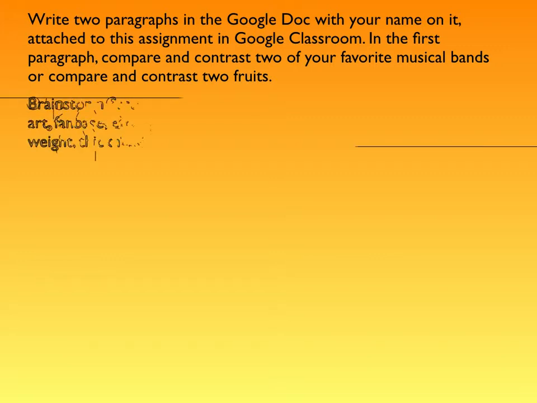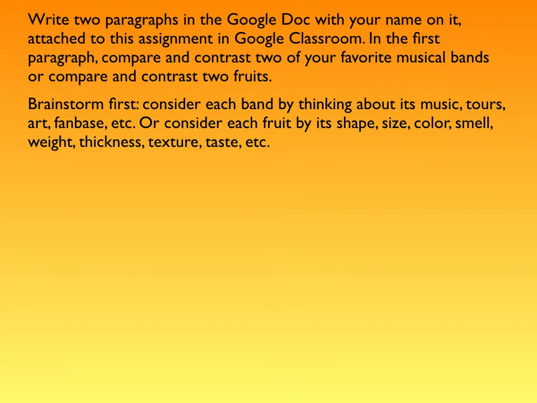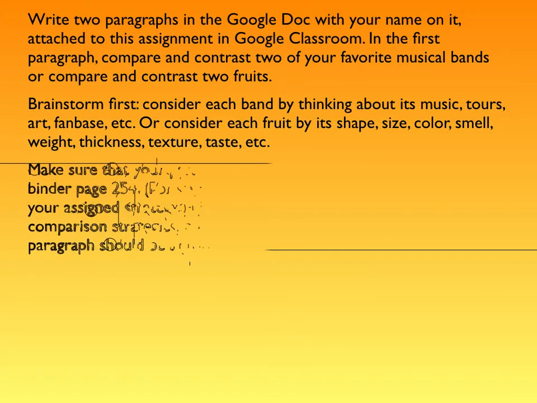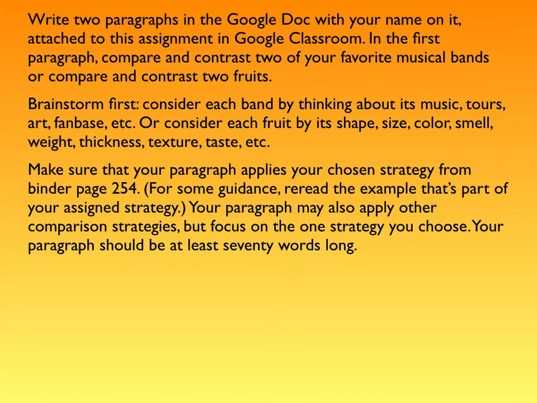Then, once you've chosen either 2 bands or 2 fruits, brainstorm. Consider each band by thinking about its music, tours, art, fan base, etc. Anything about it, lyrics, style, genre. Or consider each fruit by its shape, size, color, smell, weight, thickness, texture, taste, etc. And then, once you've brainstormed a bit, write your paragraph, making sure that it applies your chosen strategy.